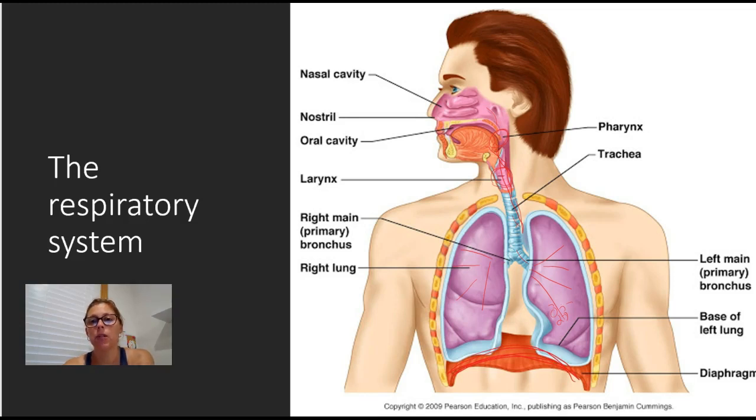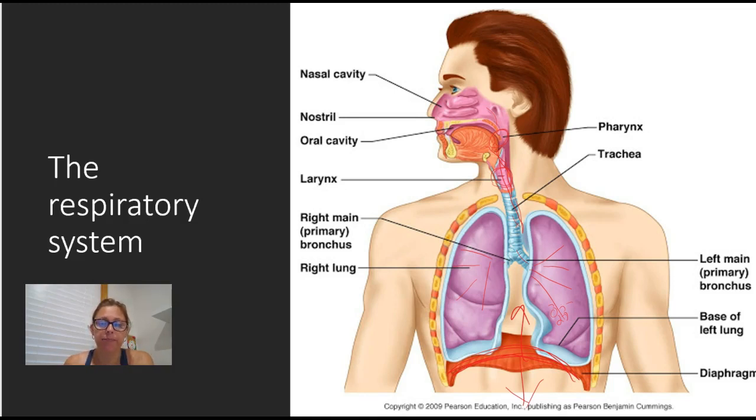It's a muscle at the base of our lungs, and when the diaphragm moves down, that is increasing the volume within our lungs, and air is drawn into our lungs, and when it moves back up, the volume is decreasing and the air is moved out of the lungs. So again, diffusion is still occurring here.